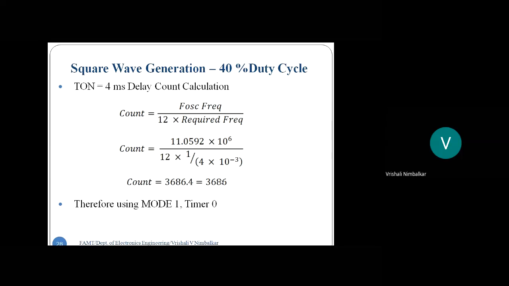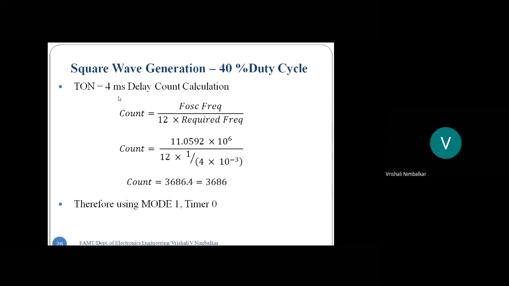Now, one more thing to be noticed here, students. If your count is 3686, I cannot use mode 2. From here also there is one indication which mode to use. Mode 2 is 8-bit. The maximum count is 256. This is greater than 256. So mode 2 8-bit counter is not applicable.